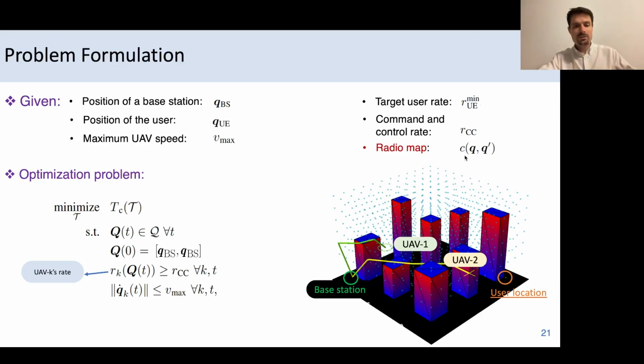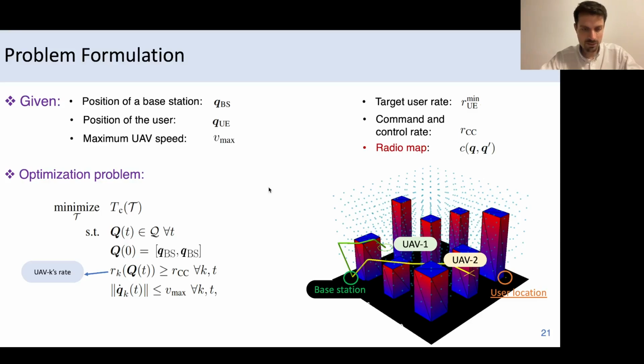So as in the previous problem, the rates which show up here and here depend on the channel, right? So to predict that, we will be using a radio map, as before, actually.